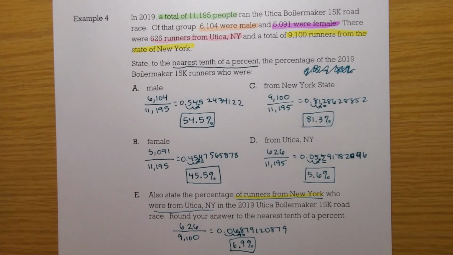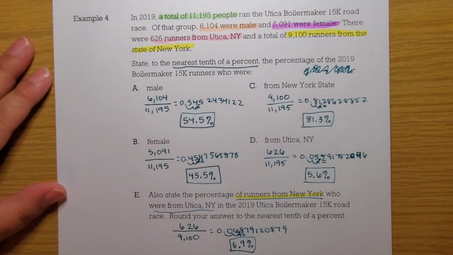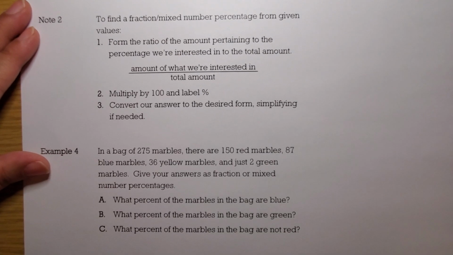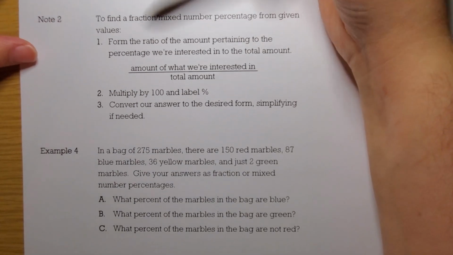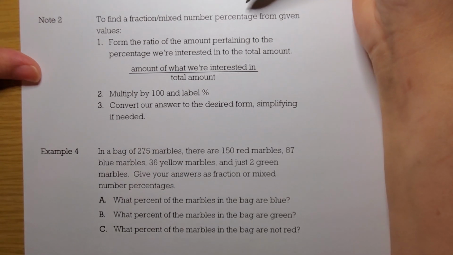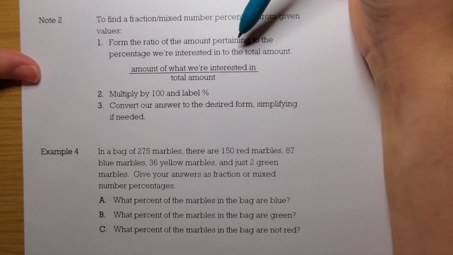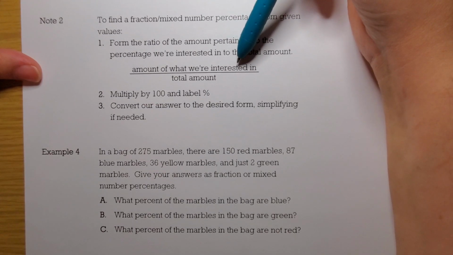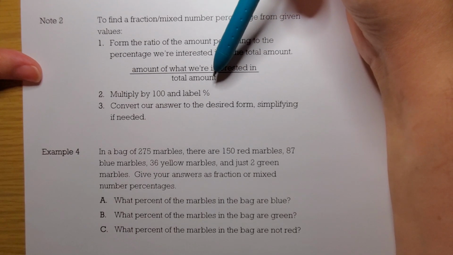All right, so let's take a look at an example where we have some mixed numbers or fractions instead of decimal answers. To find a fraction or mixed number percentage from given values, we're going to do pretty much the same thing we were doing before. We're going to find the ratio that we're interested in, so it's whatever you're interested in out of the total amount.